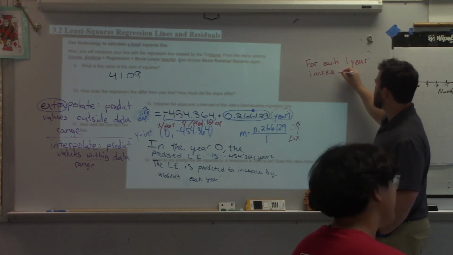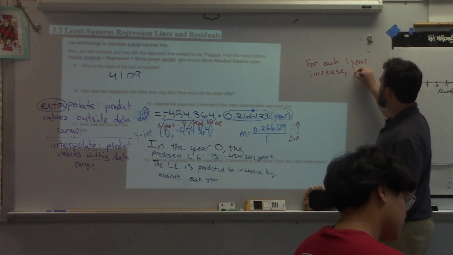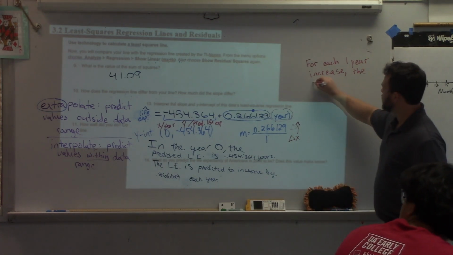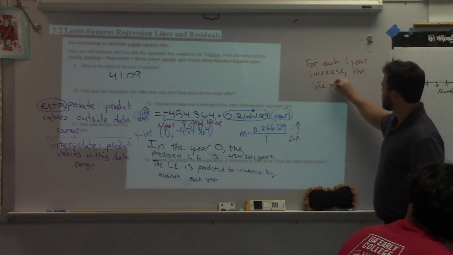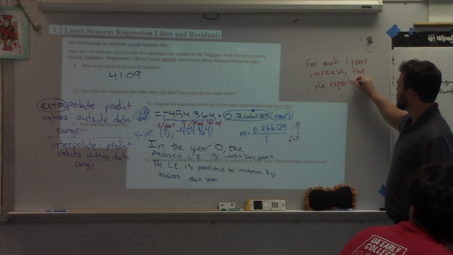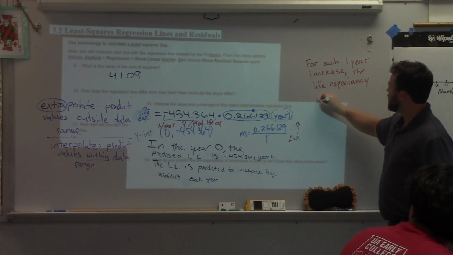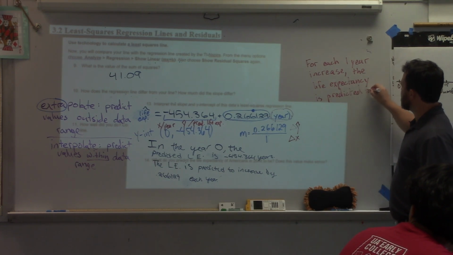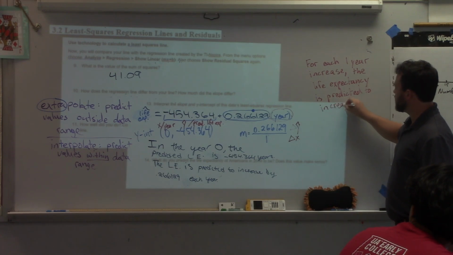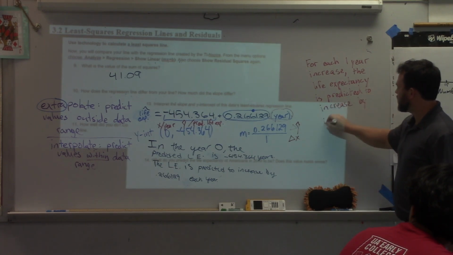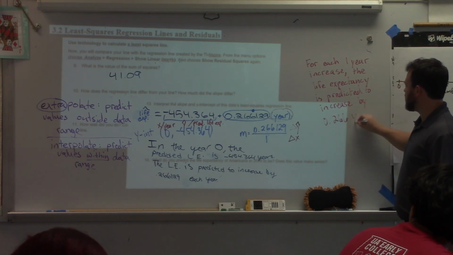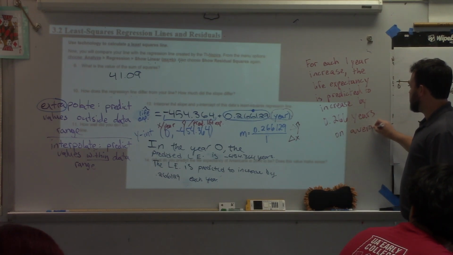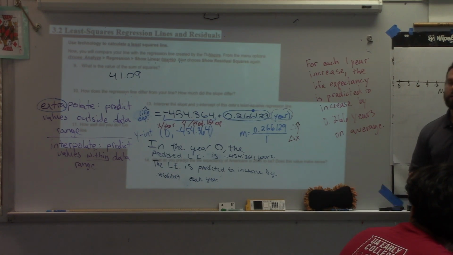Each 1 year increase, the life expectancy is expected to increase by 0.266 years on average. You want to include that detail at the end.